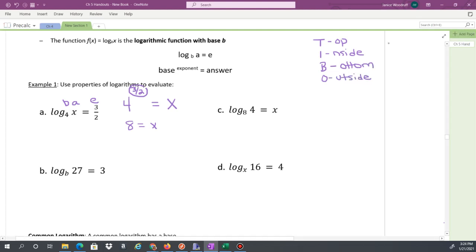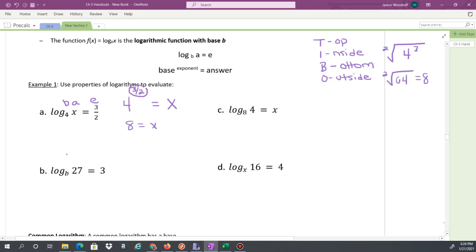So for example, 4 to the 3 over 2, you have your radical and you have your 4. The top of the fraction goes inside the radical. The bottom of the fraction goes outside the radical. So this is the square root of 4 cubed, which 4 cubed is 64. So this is the square root of 64, which is 8. And that's how we got that 8 there.